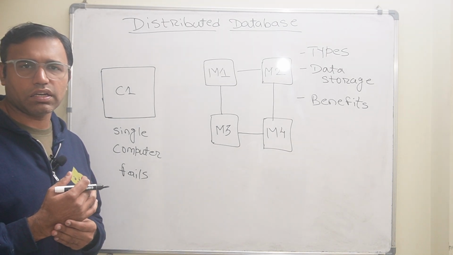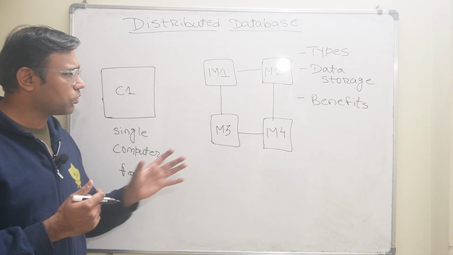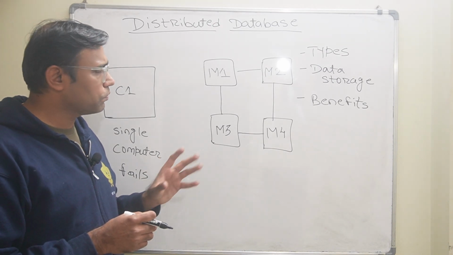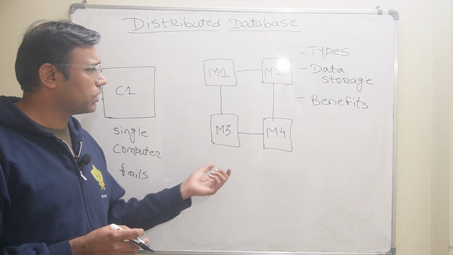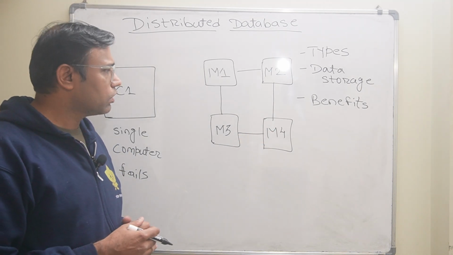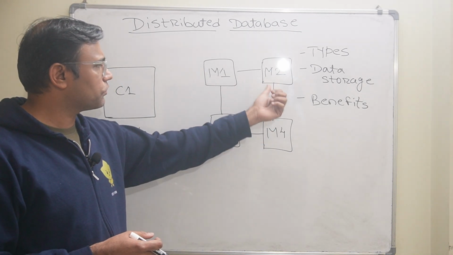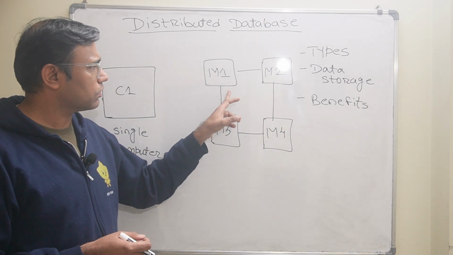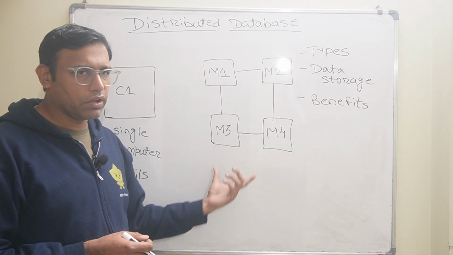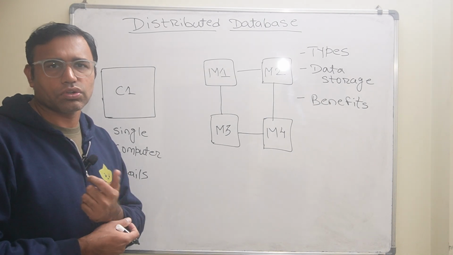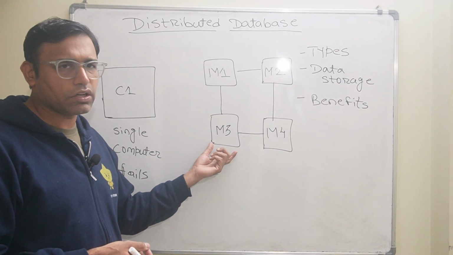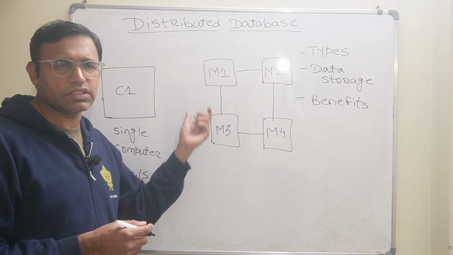So what is the solution? If you have too much data and it is not possible to accommodate it in a single computer, you can divide it into multiple machines. This is an example of a distributed database. Assume that there are four machines, 1, 2, 3, 4, and data is divided among these four machines. So instead of relying on a single computer, the data is divided.